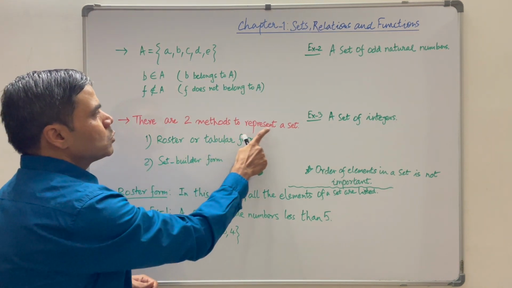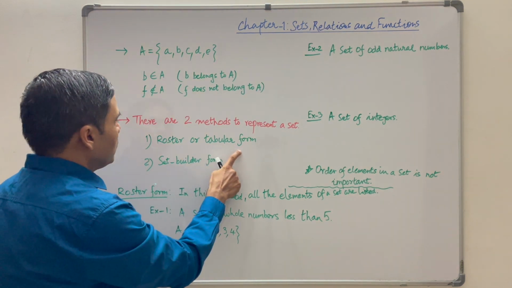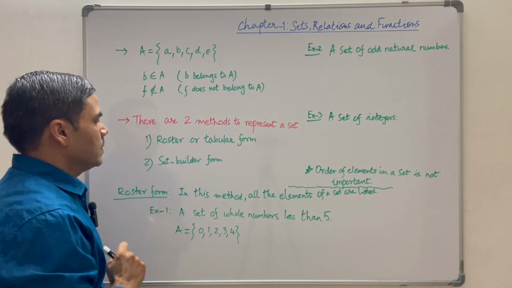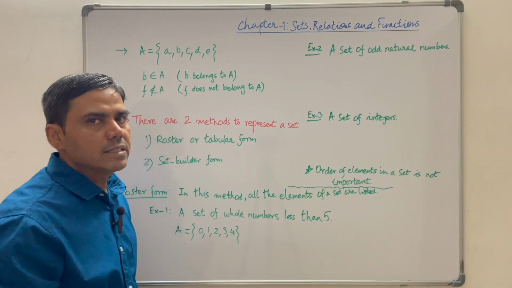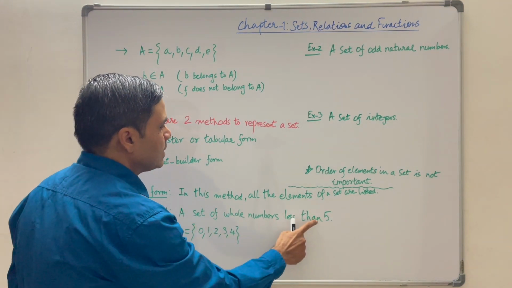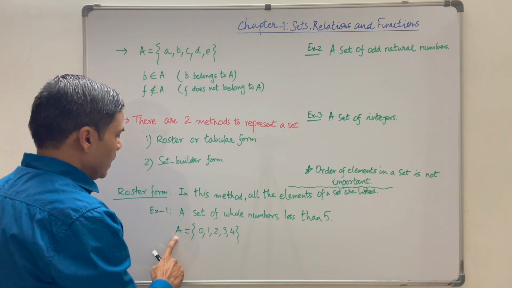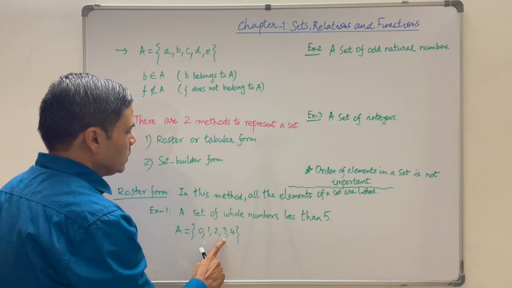There are 2 methods to represent a set. They are roster or tabular form and set builder form. We will see roster form first. In this method, all the elements of a set are listed. For example, a set of whole numbers less than 5. Let's say the set is A. It has 5 elements: 0, 1, 2, 3 and 4.